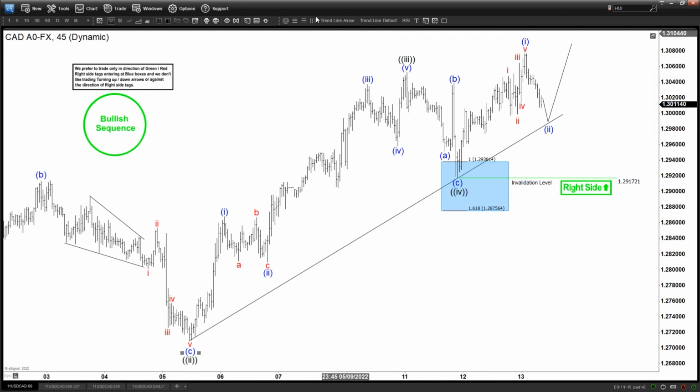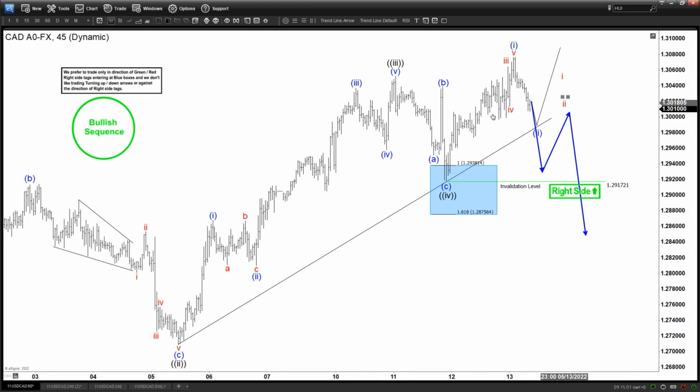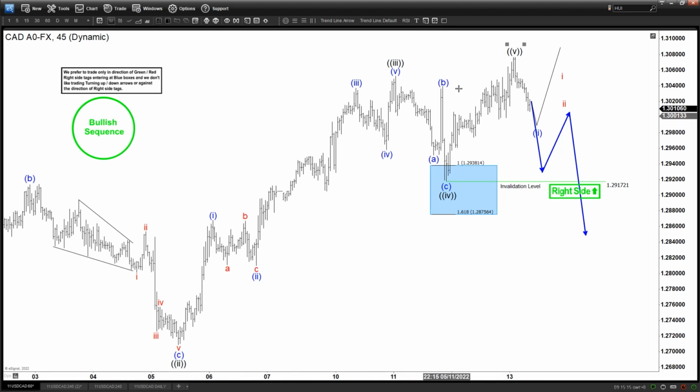If that's the case, we will be doing a bigger pullback like this, a 1-2-3, 3 waves, and you just change it like this. This is your wave 5, and this is a 3 here, and then you just do a simple ABC, and this is no longer the relevant invalidation level.